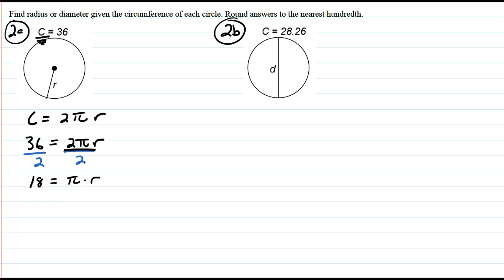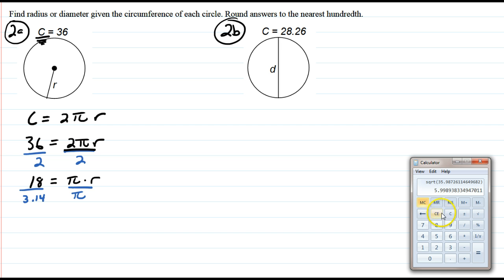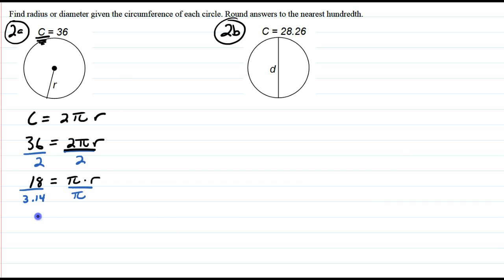Now I'll divide by pi, and remember, pi is just 3.14. So on this side I write 3.14 because that's what I'm going to plug into my calculator. 18 divided by 3.14 is equal to 5.732. 5.732 is equal to our radius.